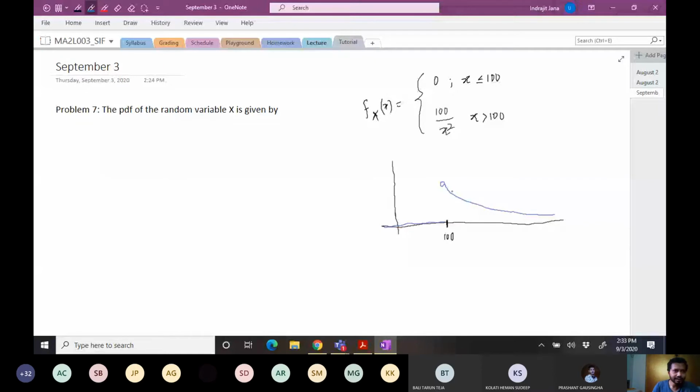The question is, what is the probability that exactly two of such tubes in a radio set will have to be replaced within the first 150 hours of operation?